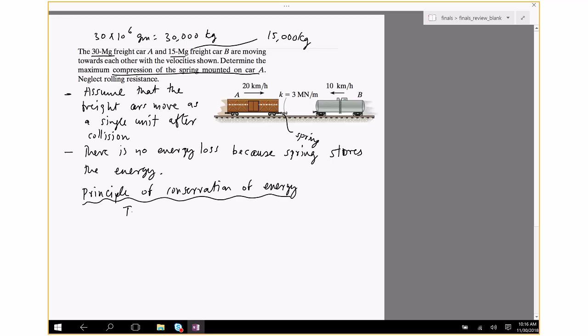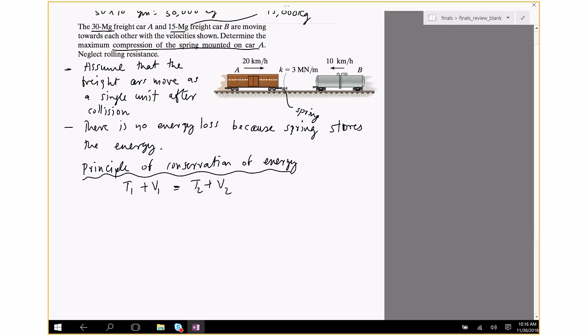Which states that T1 plus V1 equals T2 plus V2. Okay, so let's write down T1. T1 is the initial kinetic energy, so mass A is moving with the velocity vA, half ma va squared plus half mb vb squared.